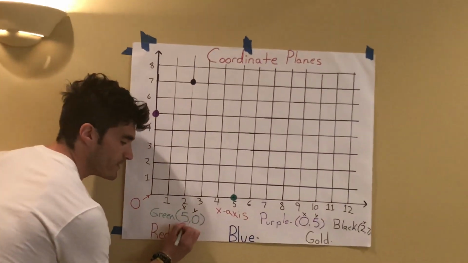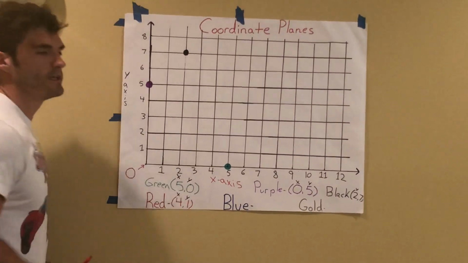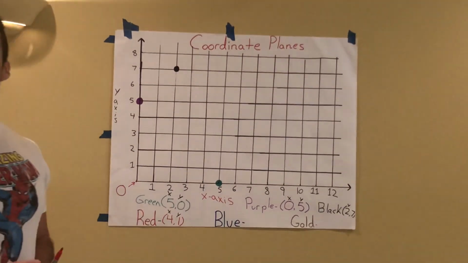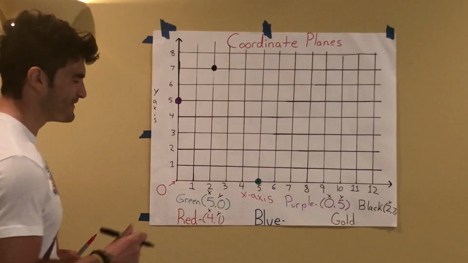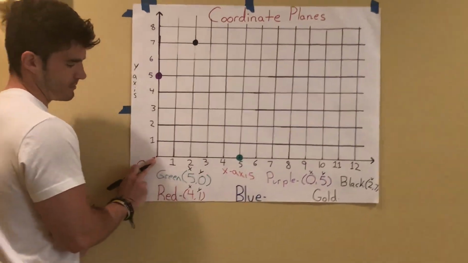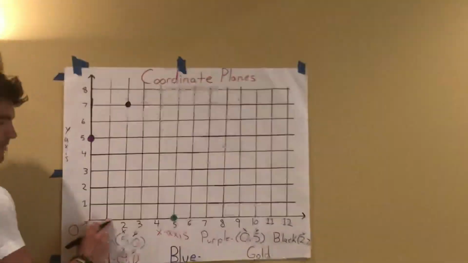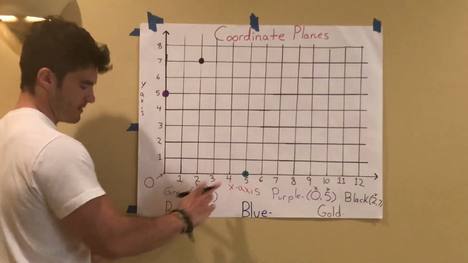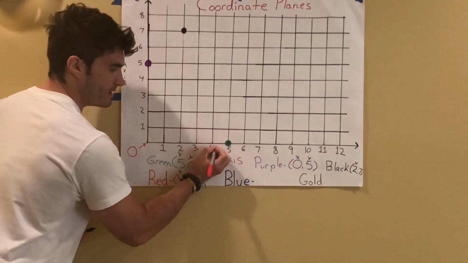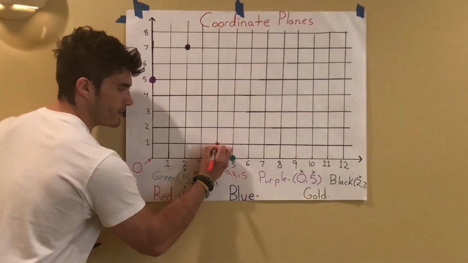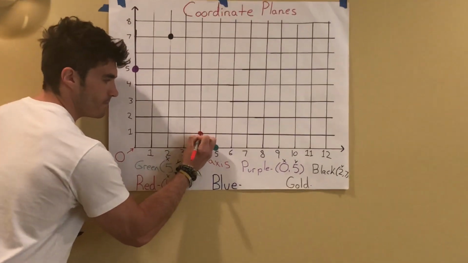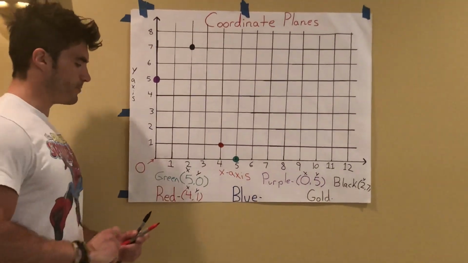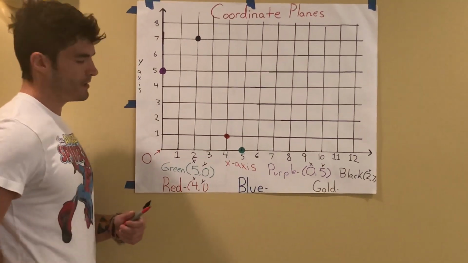So x is always first, y is always second, meaning I always go horizontally before I go vertically. I'm really emphasizing that, okay? So if I start at 0, I go over 4: 1, 2, 3, 4, and then my y tells me to go up 1. So my red dot would be right here. My ordered pair for that is (4, 1).